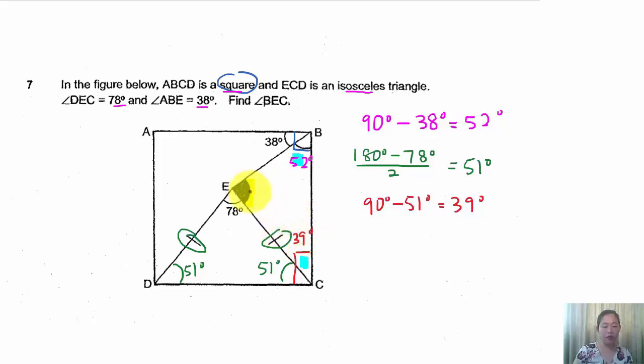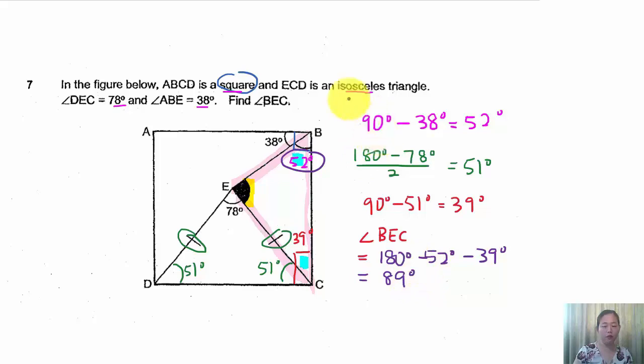So finally, to find our angle BEC, we just need to use angle sum of triangle, which is 180 degrees minus 52 degrees and minus 39 degrees, and our answer will be 89 degrees.